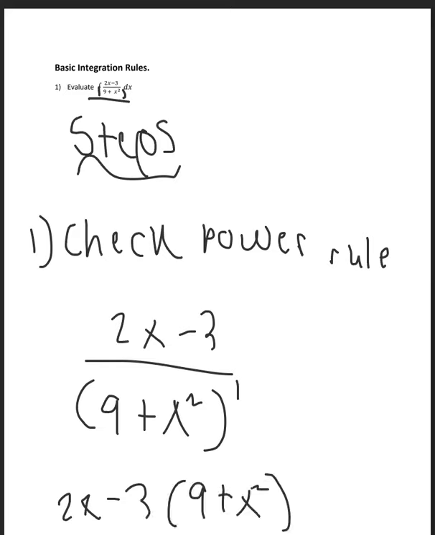Let's say we were going to do the power rule for this. We would add 1 here and then divide by the number we get. And when you divide by 0, you know that you absolutely cannot do that. So that's why that wouldn't work.